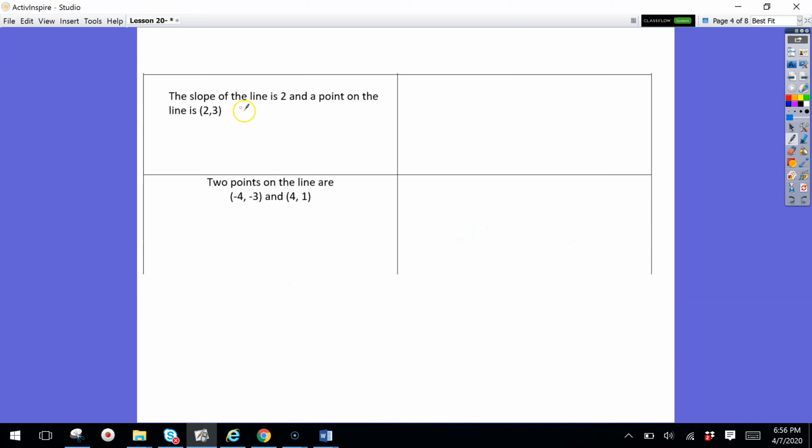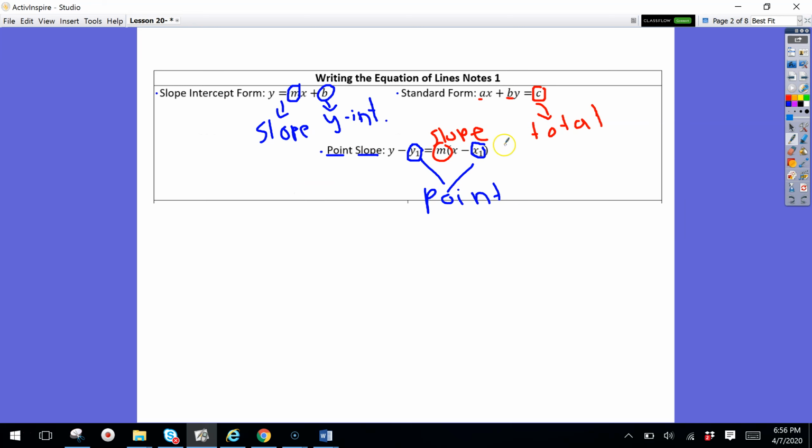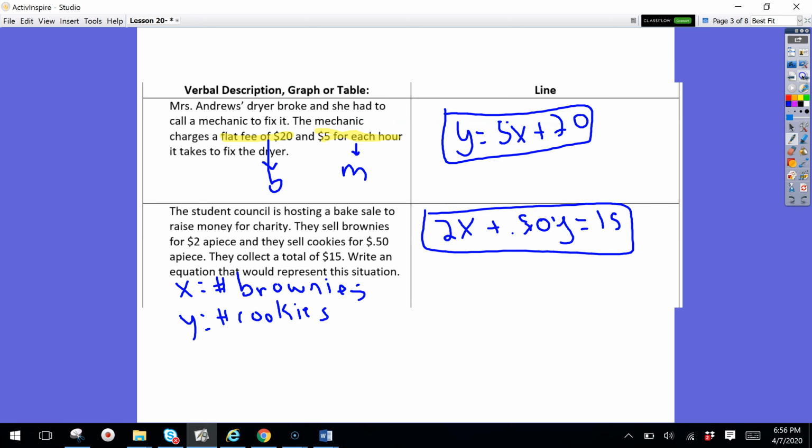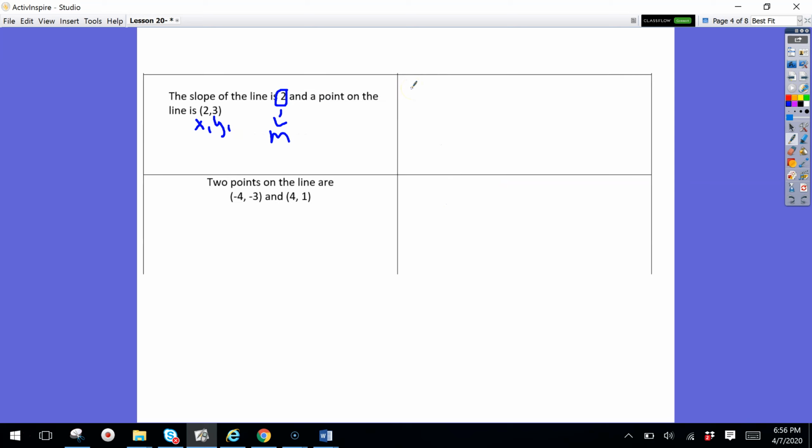All right, now in this case I have that the slope of the line is 2. So I have the slope, and I have a point, an x1 and a y1. So the best equation I can use here is point-slope. This might be newer for a lot of people, so I'm going to write what that equation looks like.